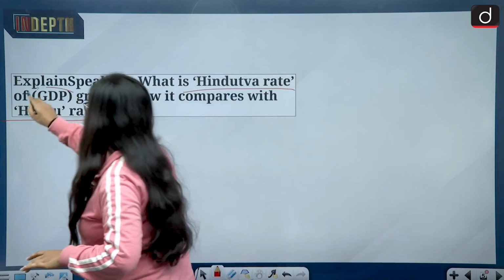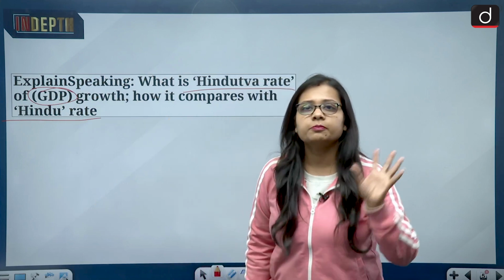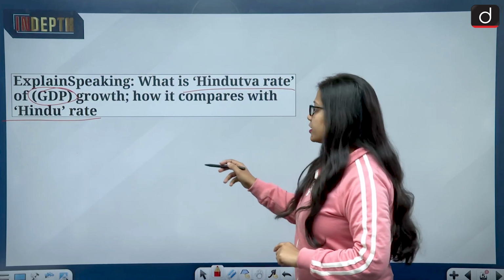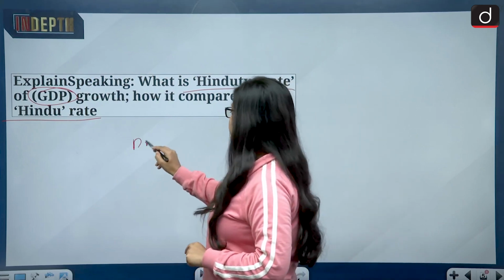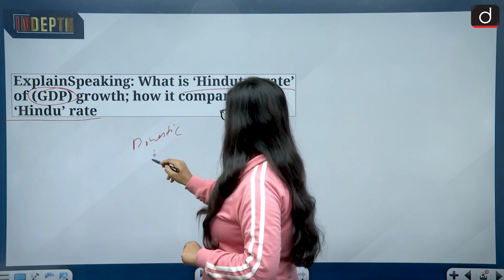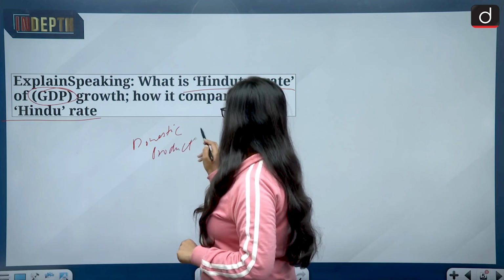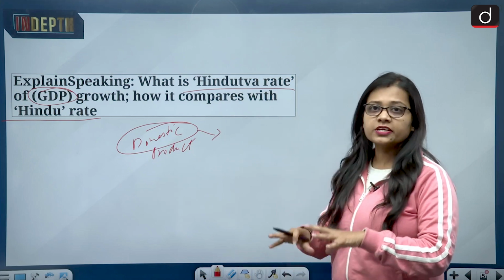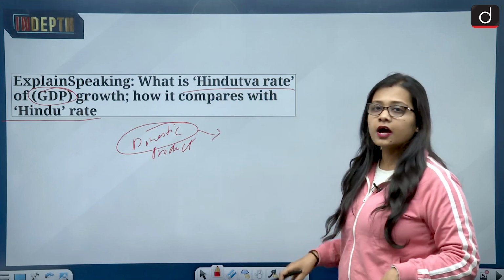Before going forward, let us first understand what is GDP, the gross domestic product. As the name itself is telling, domestic and then product. Domestic means something which is prepared domestically, inside the house.